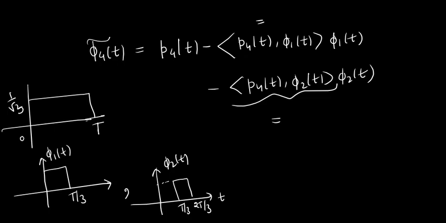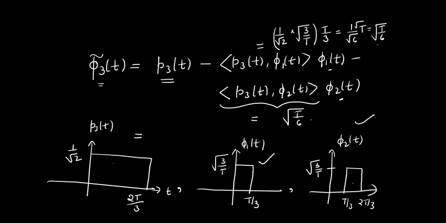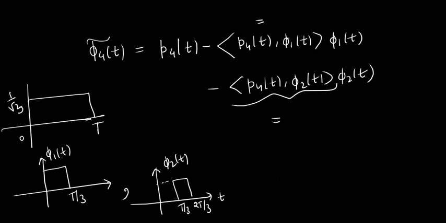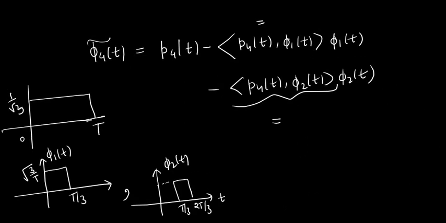This is your phi 1 t, this is your phi 2 t, and root 3 by 2, root 3 by 2. Okay till here. Is it clear till here?